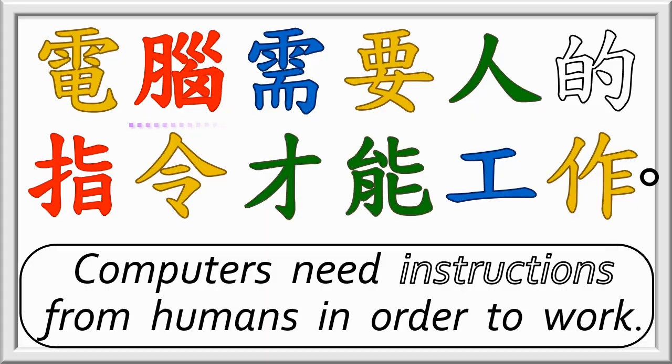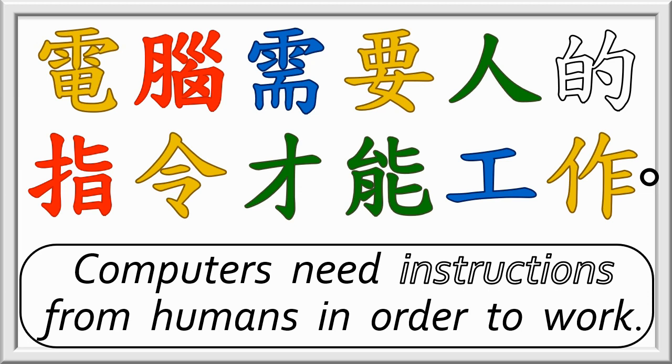Another kind of order is 指令. You'll recall that 指 is actually a finger, so it means to point out, direct, or instruct what needs to be done. 电脑需要人的指令才能工作.